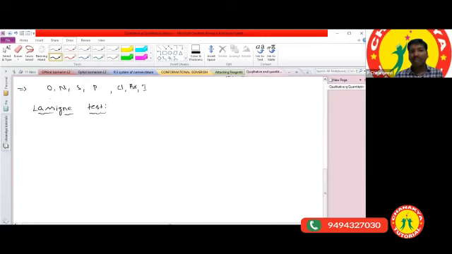So by using the Lassaigne test, we are going to identify the other elements. What are the other elements we identify with the Lassaigne test? Nitrogen, sulfur, phosphorus, chlorine, bromine, iodine, and so on.